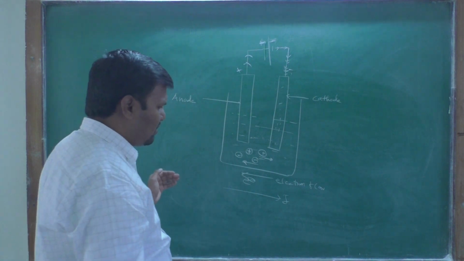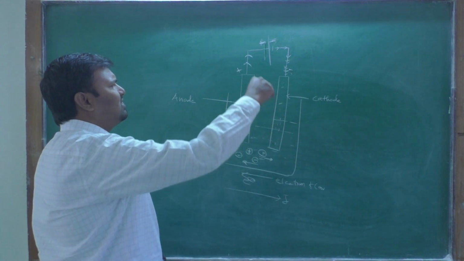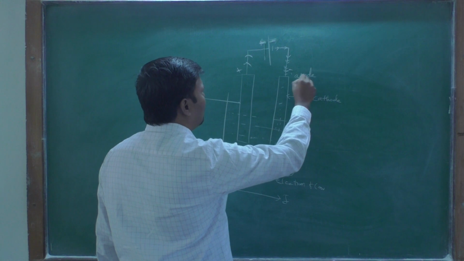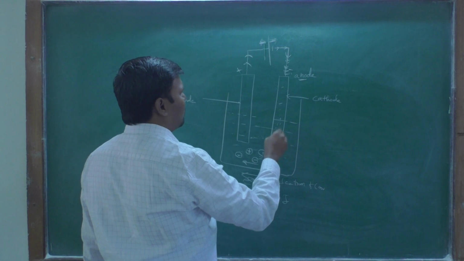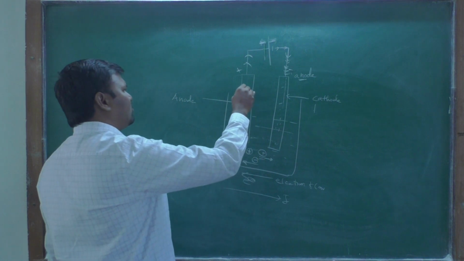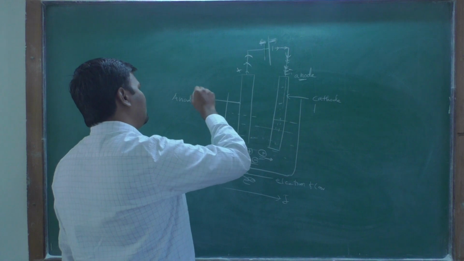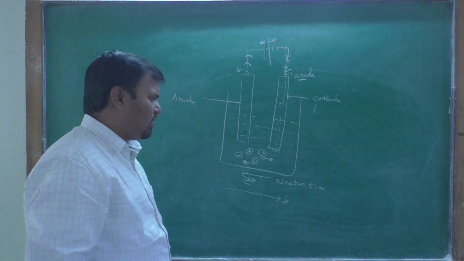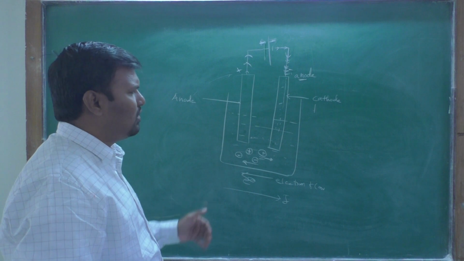So current moves in this direction and electrons move in that direction. Electrons come to the electrolyte through the cathode, and electrons pass from the electrolyte to the anode. In this way the circuit is completed, and current flows through the electrolytes.